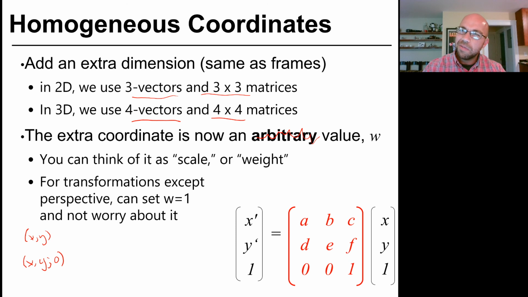And indeed, that would be kind of a reasonable thing to do. Notice that this cannot be interpreted as a point because I can't divide by 0. But what I can do is scale by any non-zero constant. So this is sort of the same as cx, cy, 0. So the best that I can do is I can't keep track of vectors, but I can keep track of directions. So like a vector up to scale.